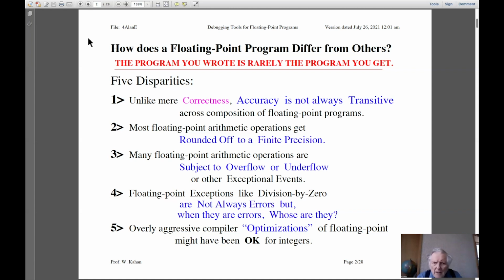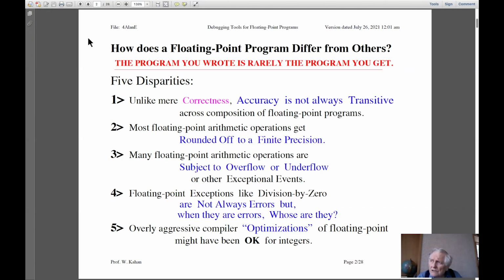And then there's the risk of various exceptions, things like overflow and underflow. And there are other exceptional events that occur. They're not written in your program. They just happen. There are exceptions like division by zero. They're not always errors.